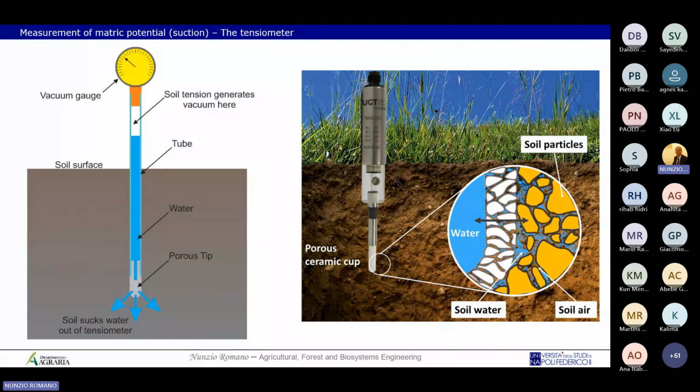After a few minutes, or a couple of minutes, there is equilibrium between the water in the tube and the water in the soil, and the vacuum gauge can measure the negative pressure that the water has in the soil.